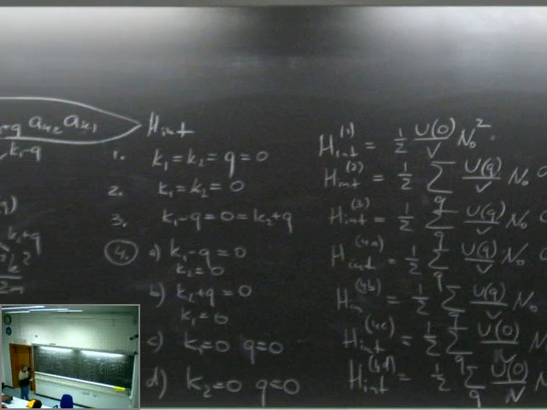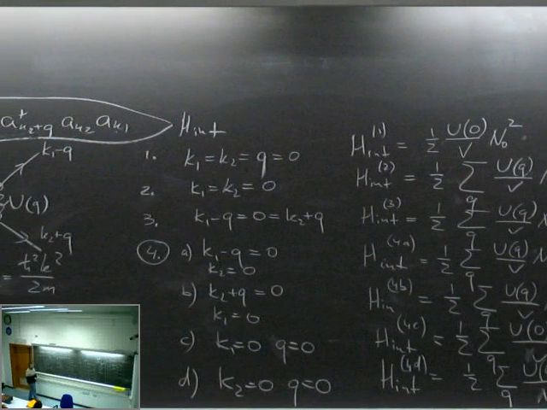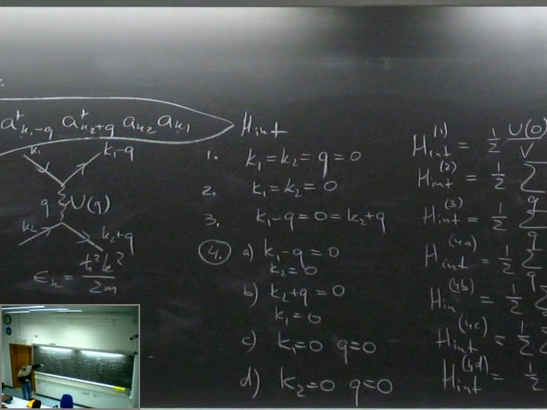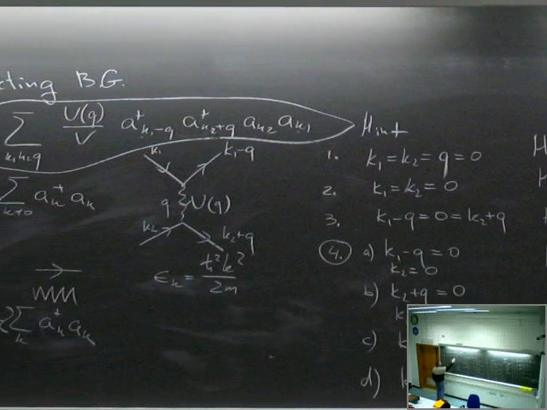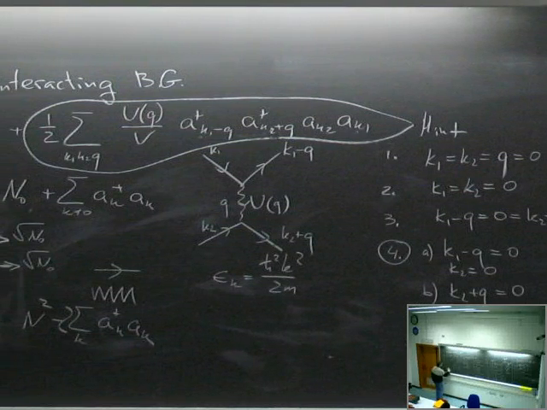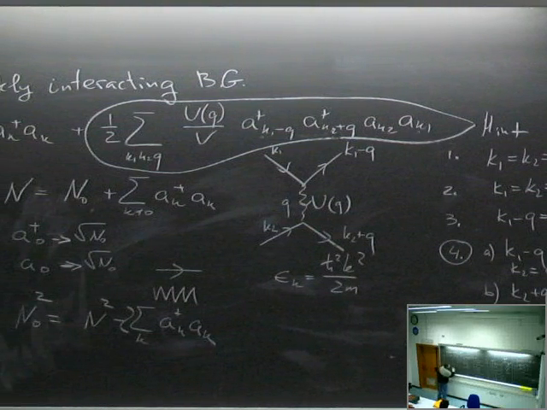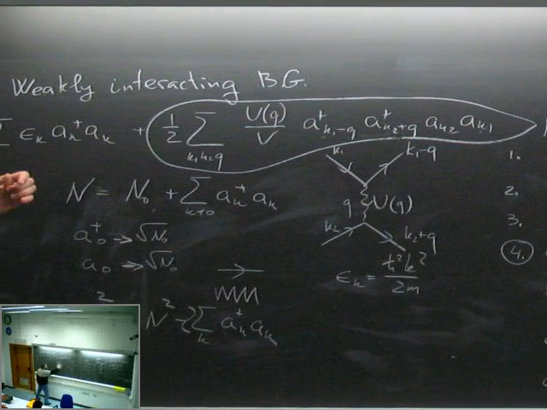Okay? I will clean this part of the blackboard, rewrite the Hamiltonian then, and we will start diagonalization.